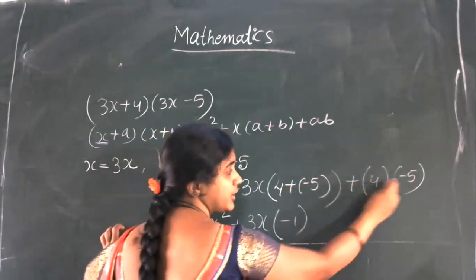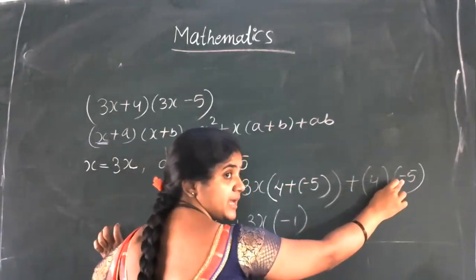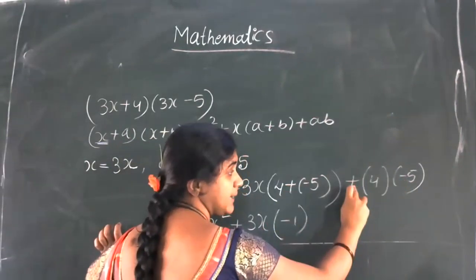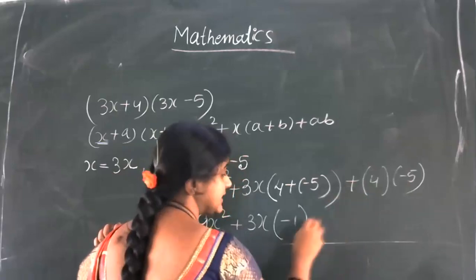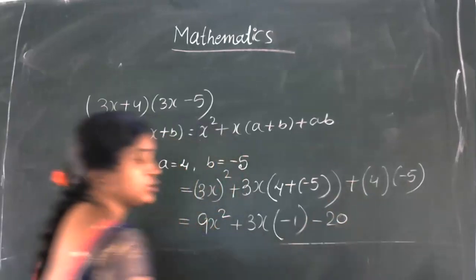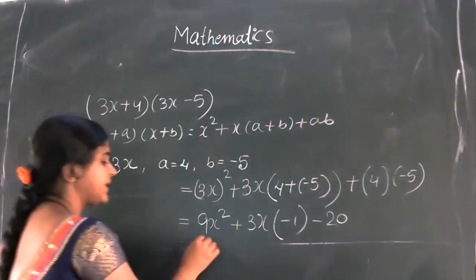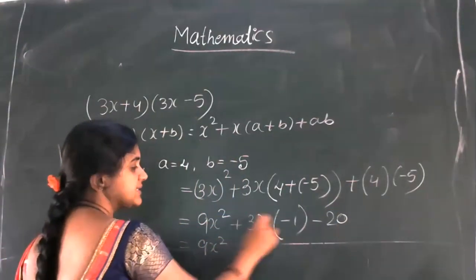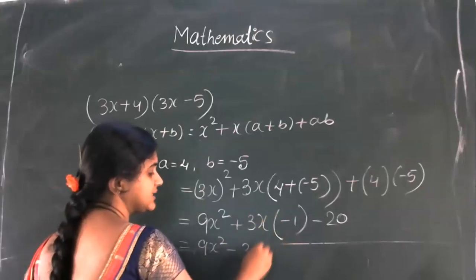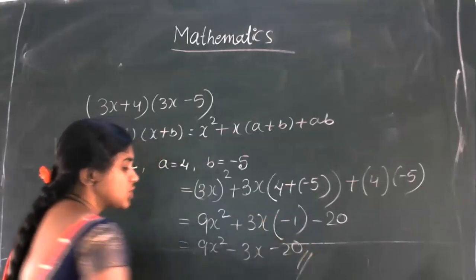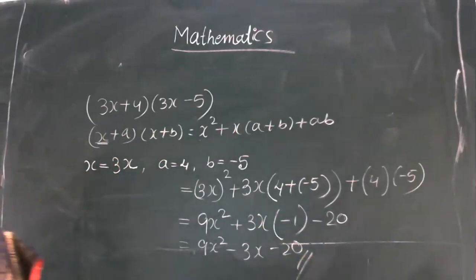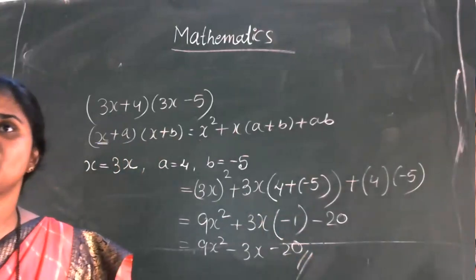Then here 4 into minus 5 is minus 20. Plus into minus is minus. Is that clear, students? Last step is 9x square plus minus 3x minus 20. So the expansion is 9x square minus 3x minus 20.